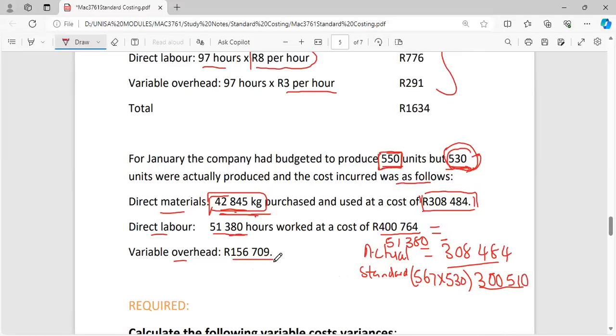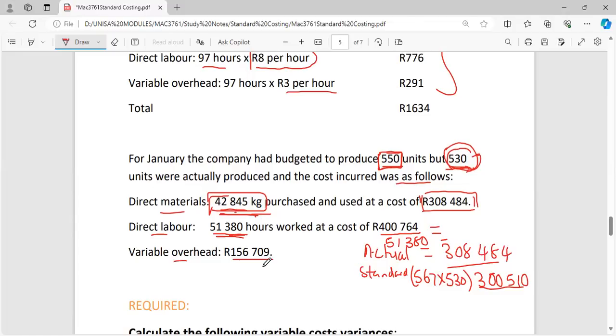We need to determine the actual price for this overhead. These are still hours, so what is going to be the price for the variable overhead per unit?